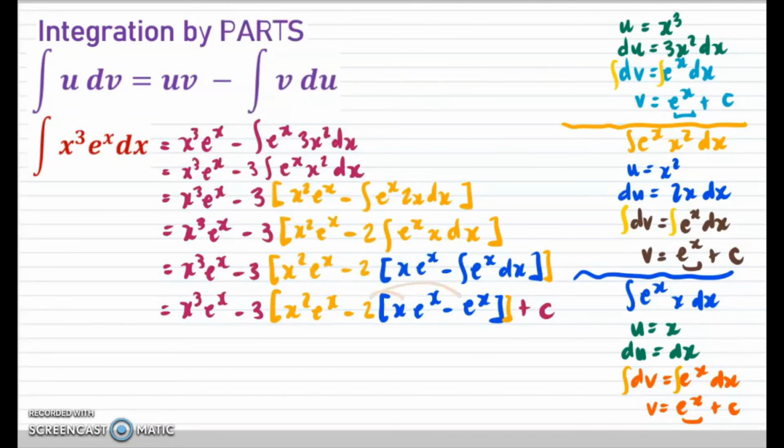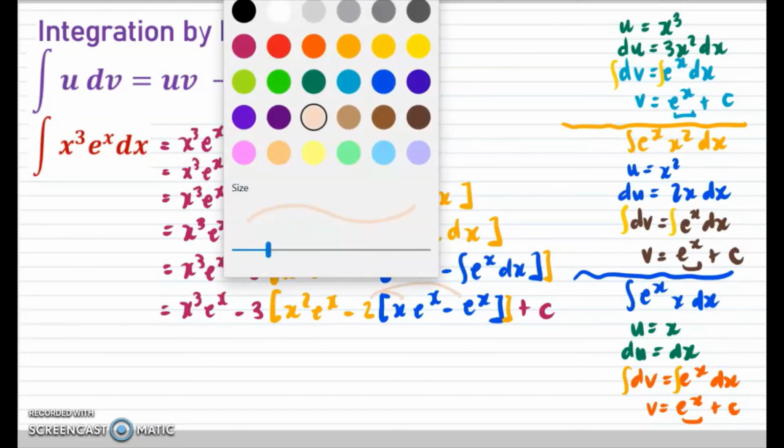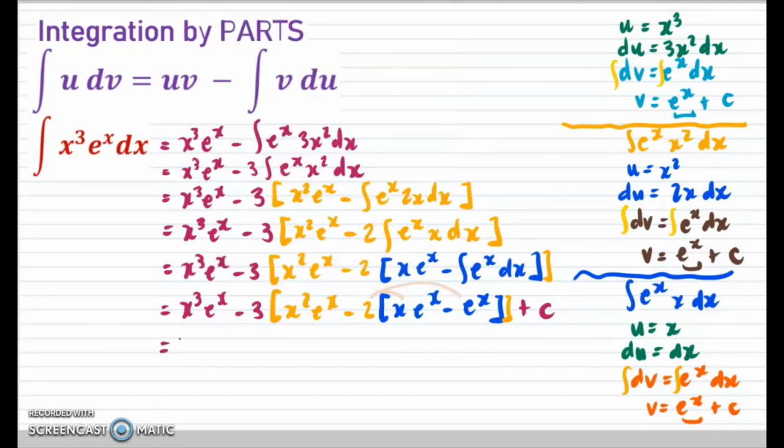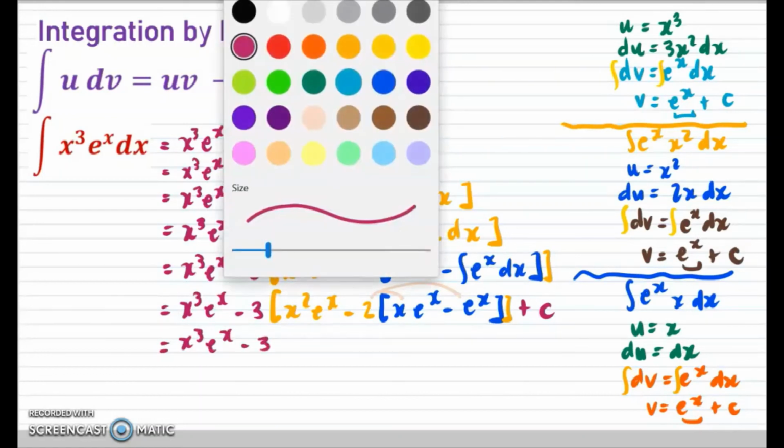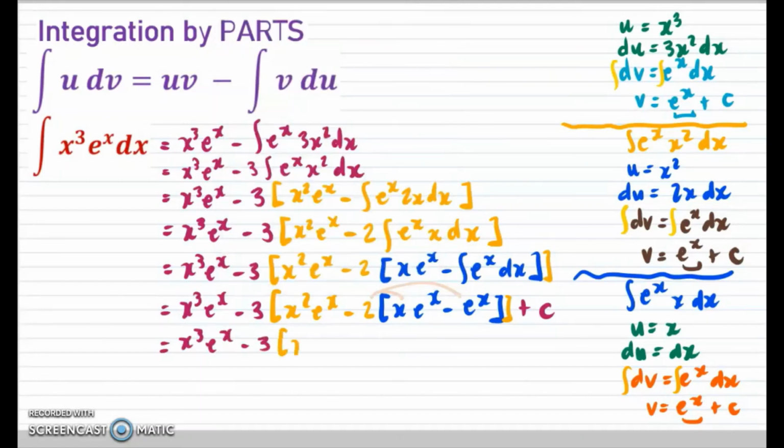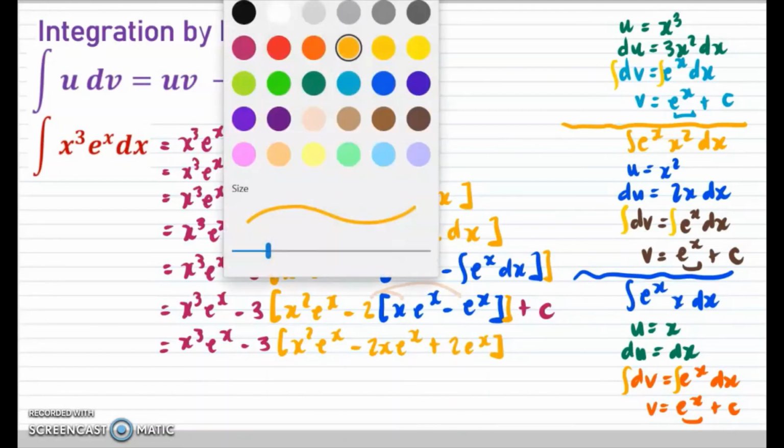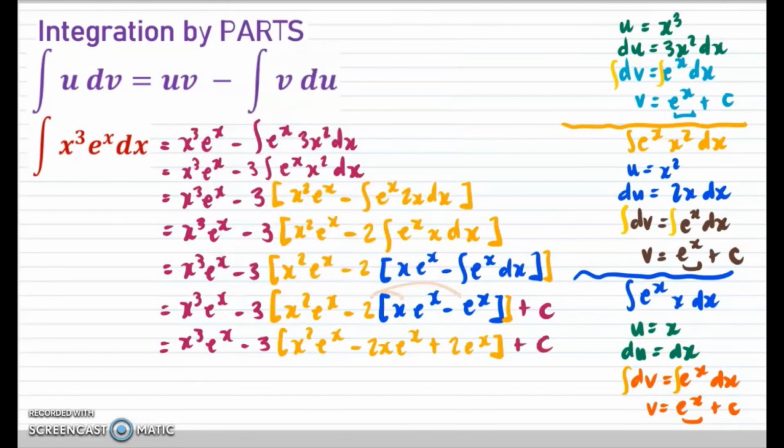So we distribute the 2 here. Therefore, we have equals x cubed e raised to x minus 3, and then x squared e raised to x. Now the distribution, minus 2x e raised to x, and then becomes plus 2e raised to x, right? And of course the plus c here.